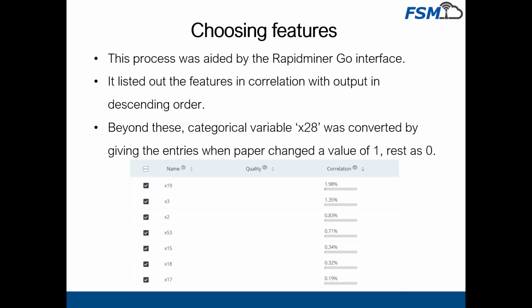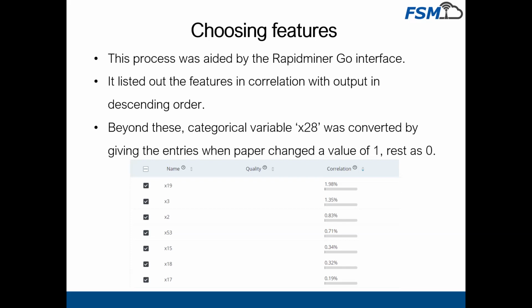The owner mentioned that for implementing the ML model, x28 should be converted in the sense that if one particular type of paper is being produced for 10 or 15 rows, then the change of the type of paper should be captured. So every time there is a change in the type of paper, I have kept a value of 1, and the remaining values are 0.